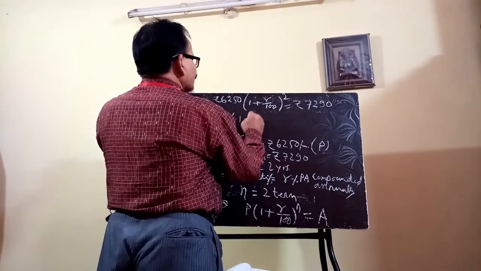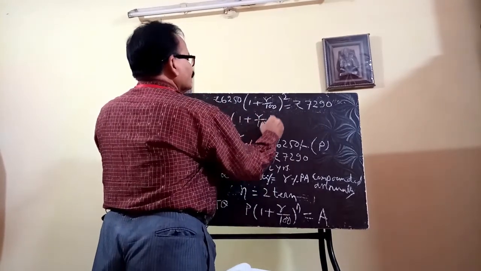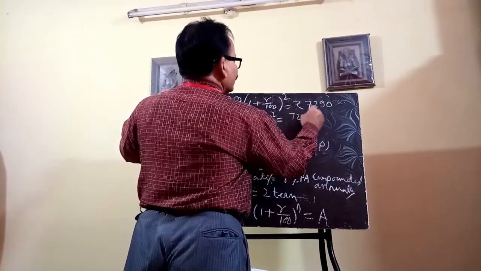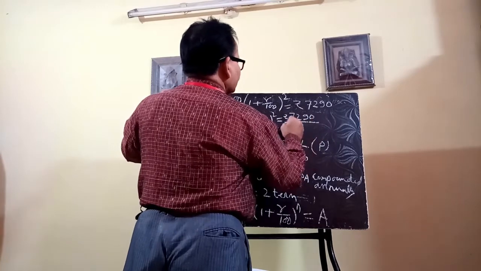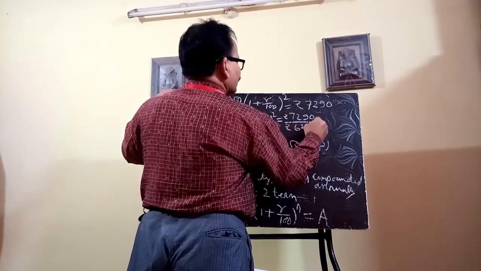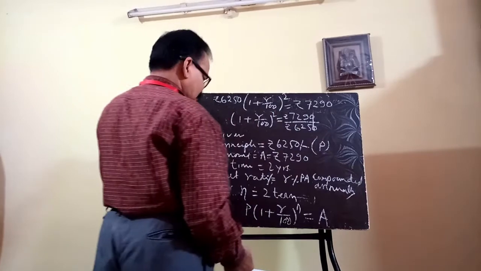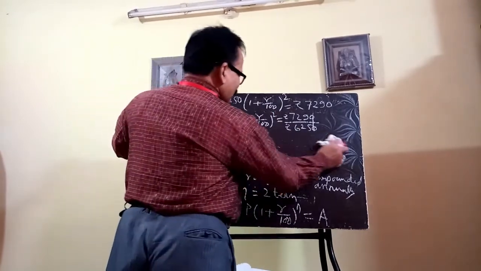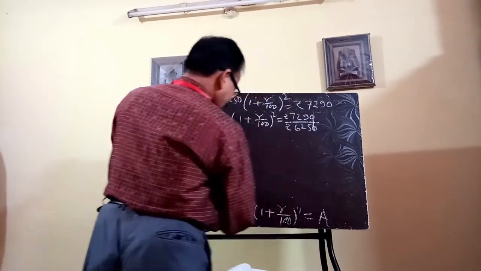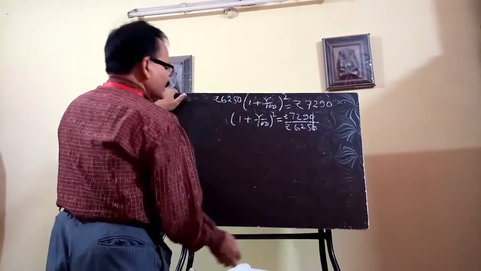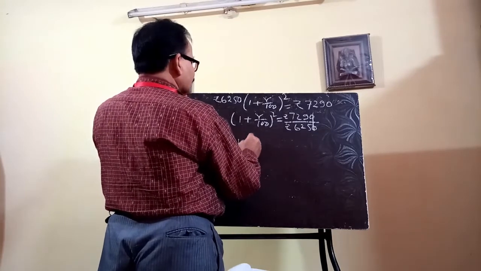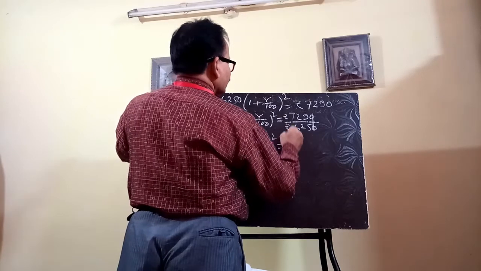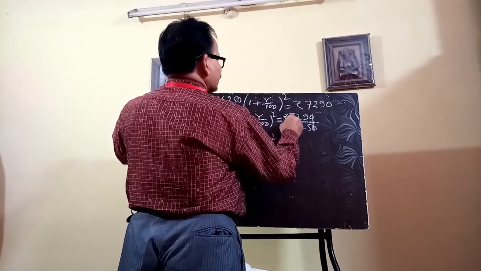So on the left it is 1 plus R by 100 to the power 2 equal to rupees 7,290 by rupees 6,250. So 0 cancel each other. Clear? So then after this, you will see that this is 1 plus R by 100 to the power 2 equal to, and here rupees also cancel.